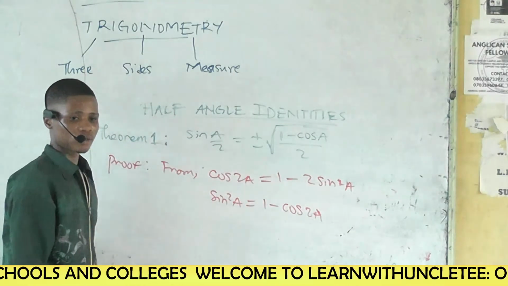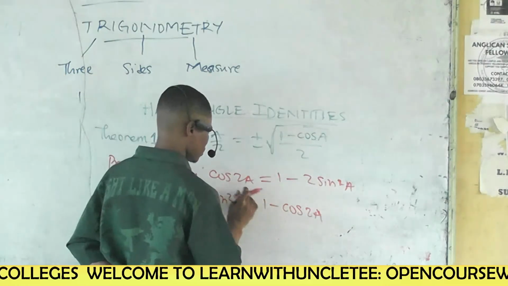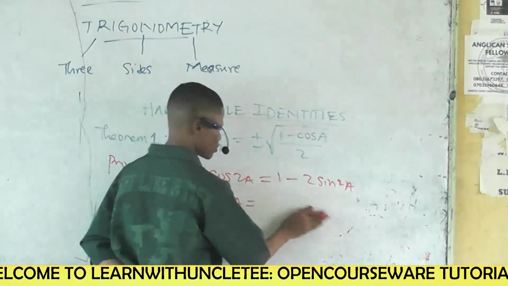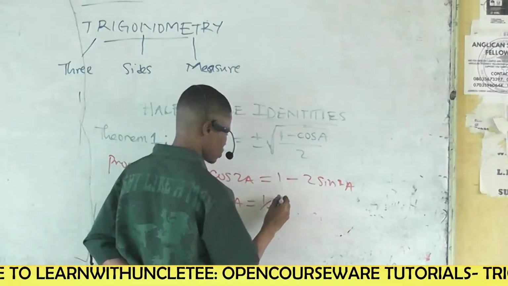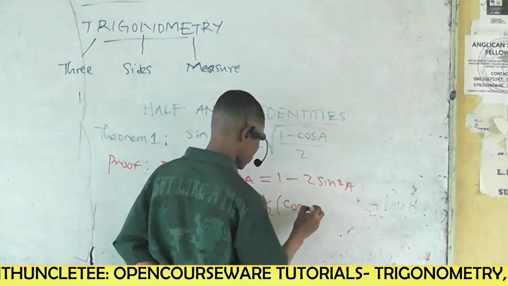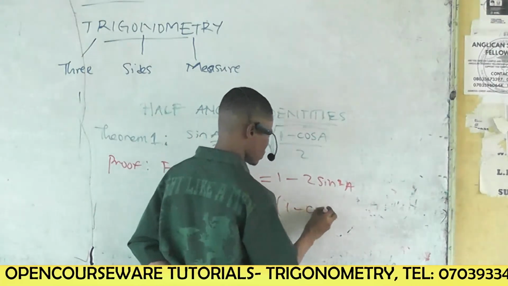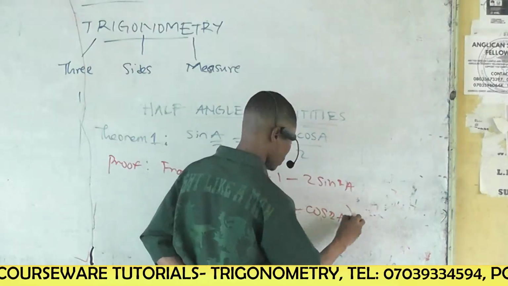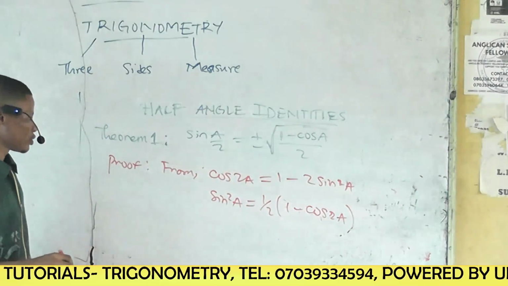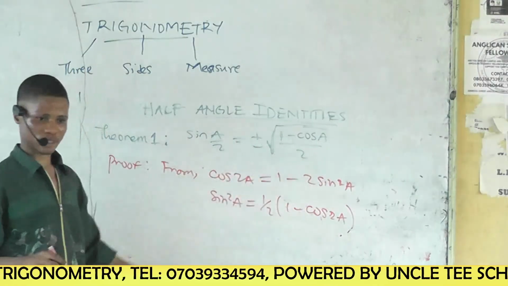Sorry, this 2 here is supposed to be 1 over 2 into brackets 1 minus cos 2A. So this is it. Now we want to arrive at this point.